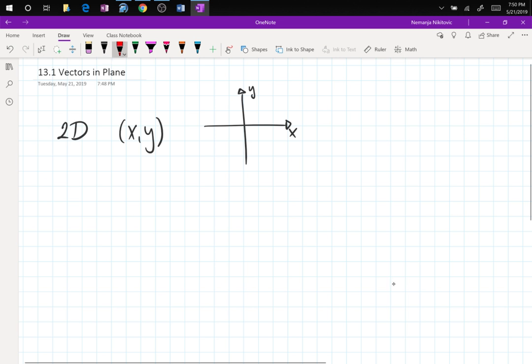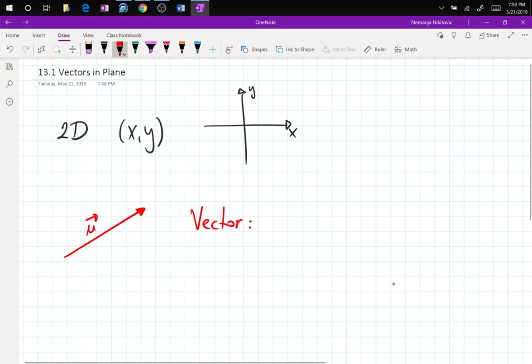So this creature here is called a vector, and a vector is a mathematical construct. They don't exist, just like numbers don't exist. You don't see number 7 walking down the street, so you're not going to see a vector u walking down the street.